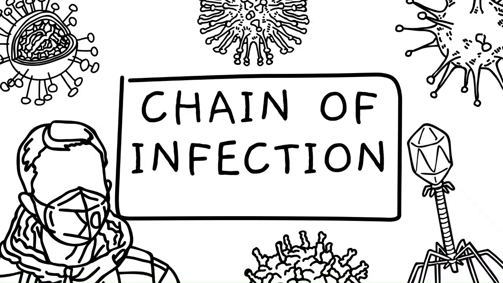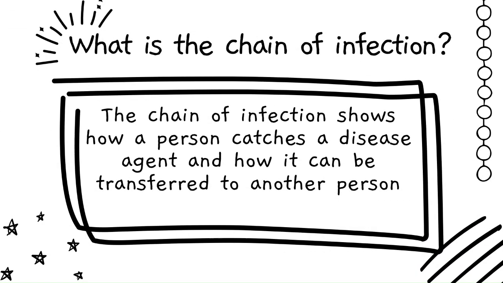If one link breaks, the whole chain falls apart, right? In the same way, the chain of infection is made up of six links that show how diseases spread from one person to another. If we can break any link in the chain, we can stop the spread of diseases. Let's go through this one by one.